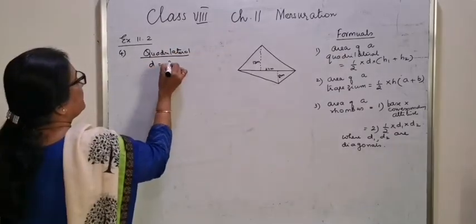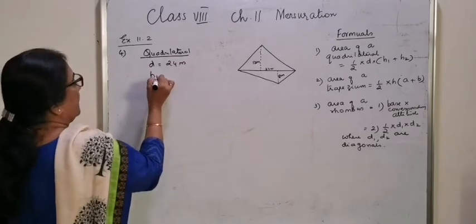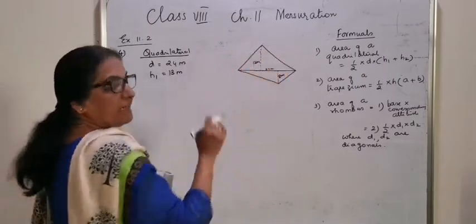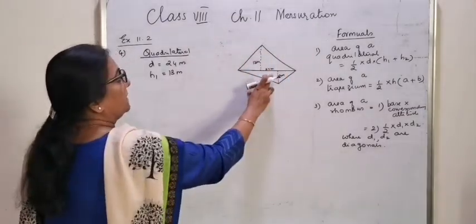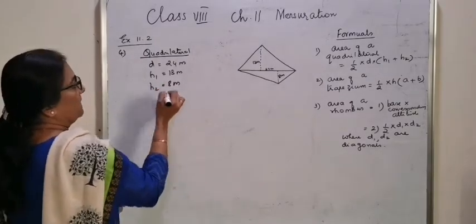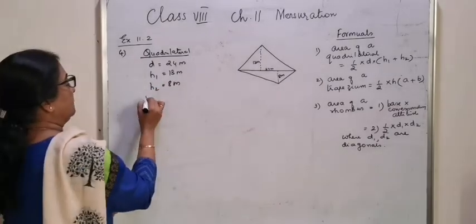The diagonal length is 24 meter. H1, the first altitude, is 13 meter to the triangle which is on the top, and for the triangle which is below, the height is 8 meter. Directly you can apply the formula.